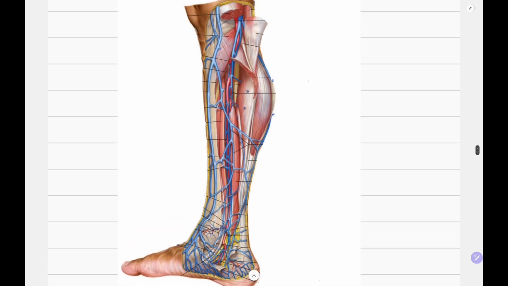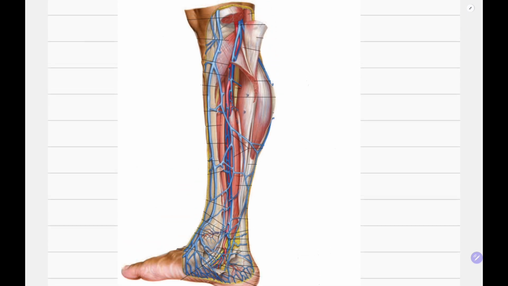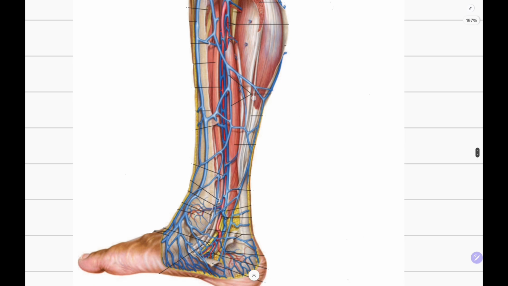in this diagram. With the help of this diagram you can see the three medial ankle perforators of Cockett, which are right here, present in between the medial malleolus and the mid calf. Somewhere here is the medial malleolus and this is the mid calf. The three perforator veins are right here.